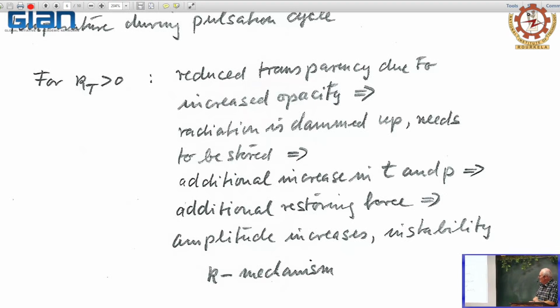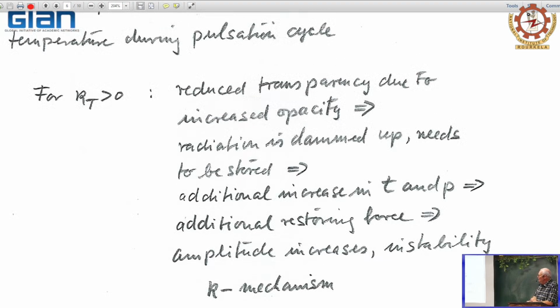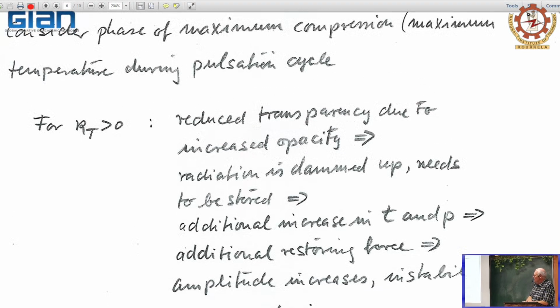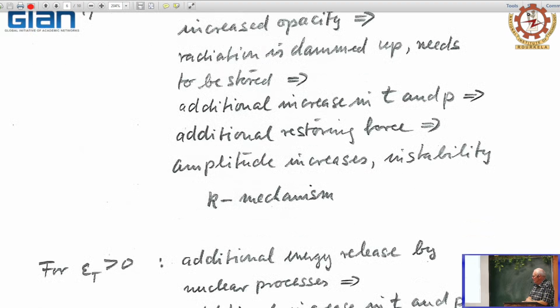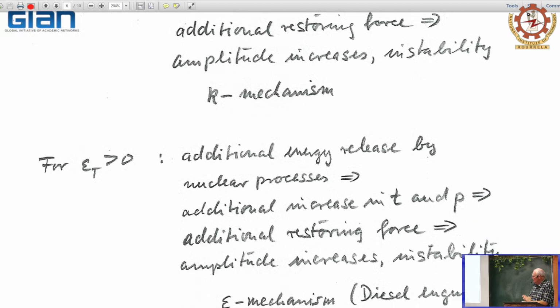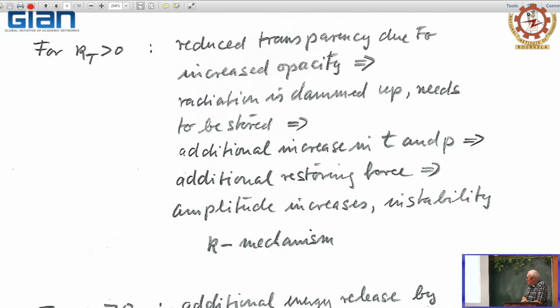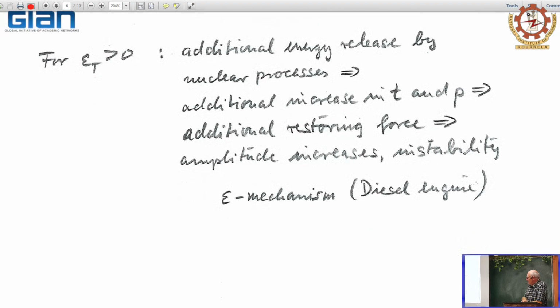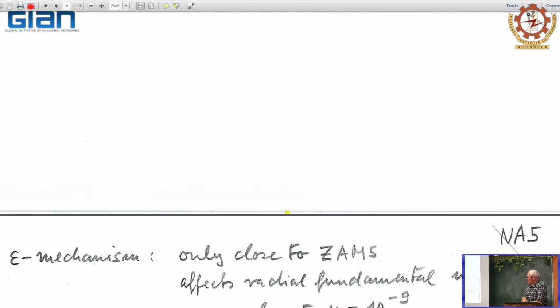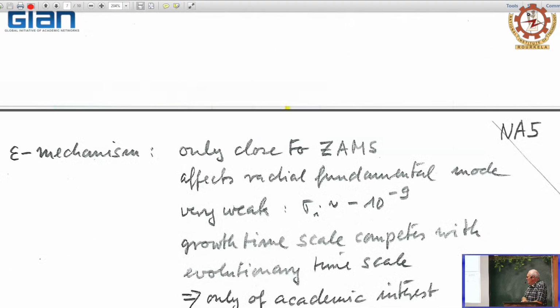Okay, that's the intuitive model for the Kappa mechanism and the epsilon mechanism. The epsilon mechanism is of academic interest, and the mechanism which is responsible for all the classical pulsating stars is actually the Kappa mechanism, and it requires a positive derivative of kappa with respect to temperature.